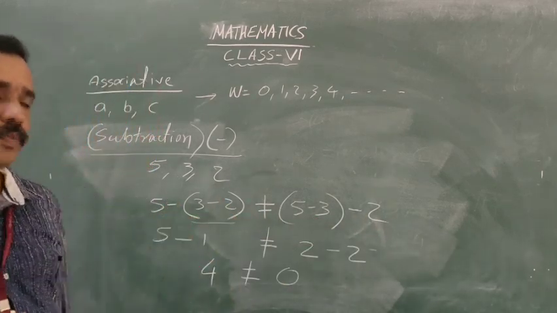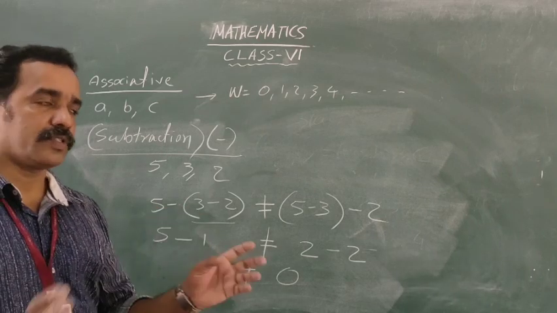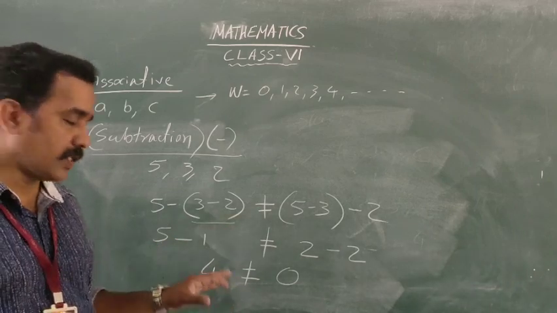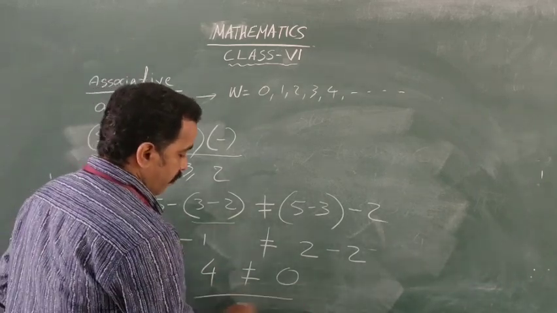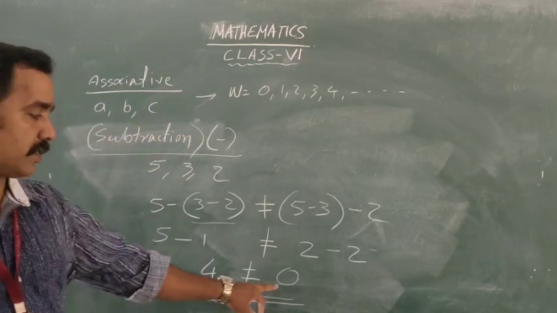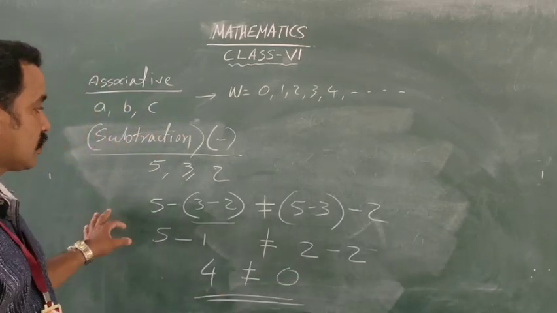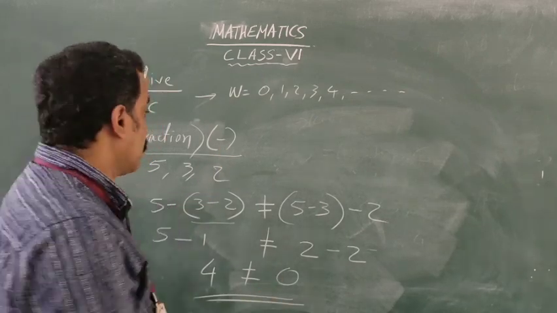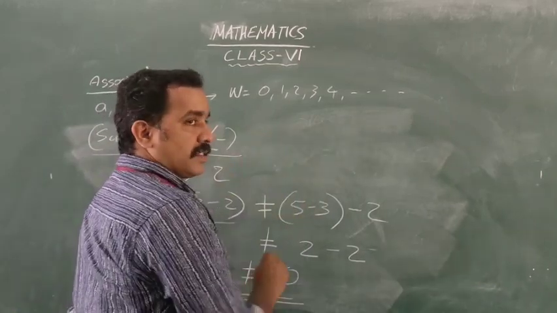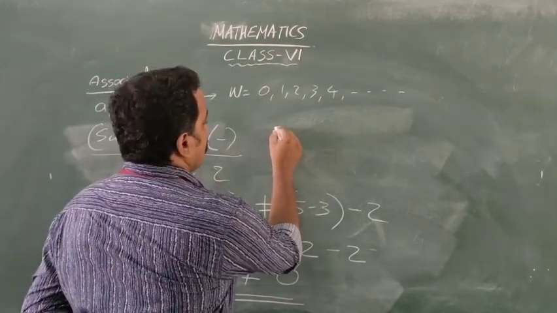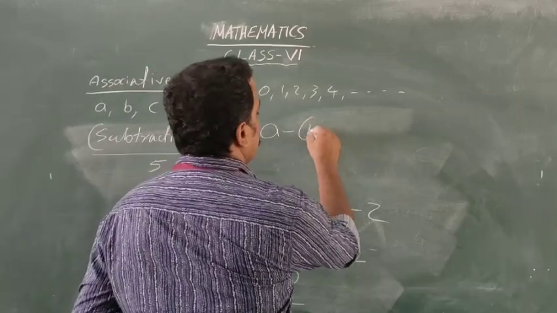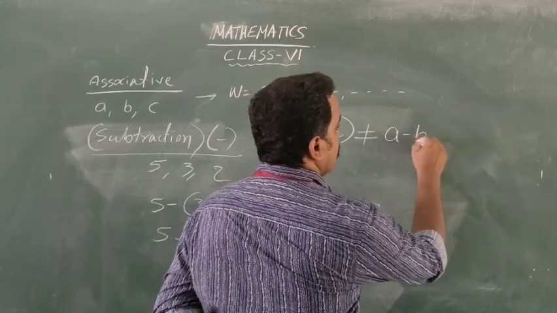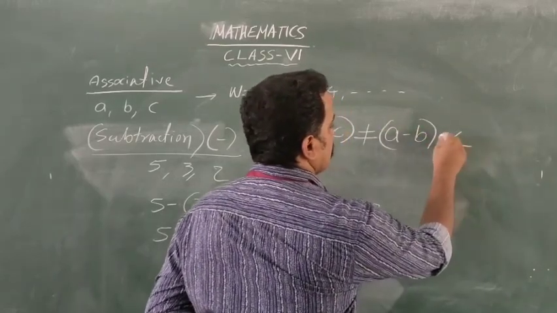If you regroup or change the group or change the order in that numerical equation, the answer will be different. So here we are getting 4 and here 0. 4 is not equal to 0. So subtraction is not associative with respect to whole numbers. And so to generalize, we can write a minus b minus c is not equal to a minus b minus c.